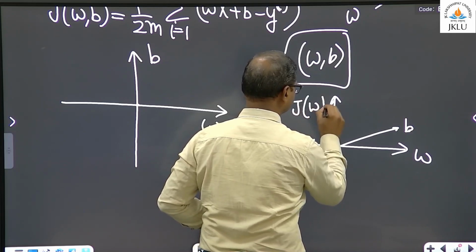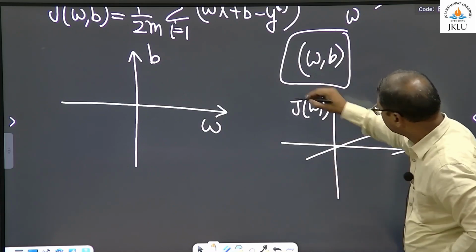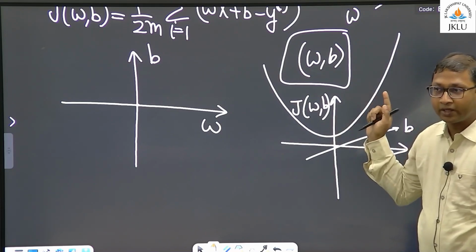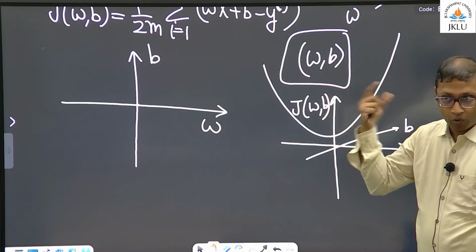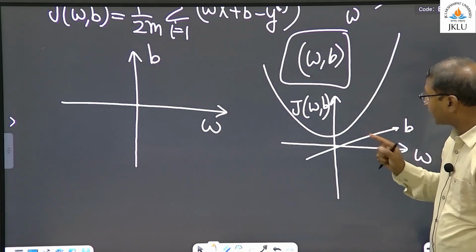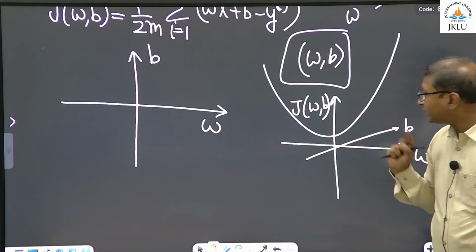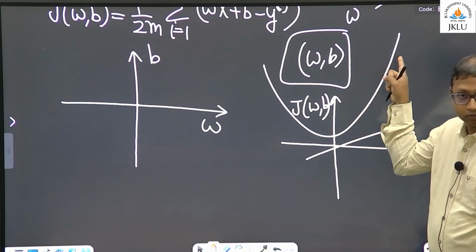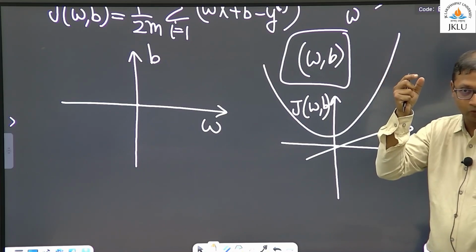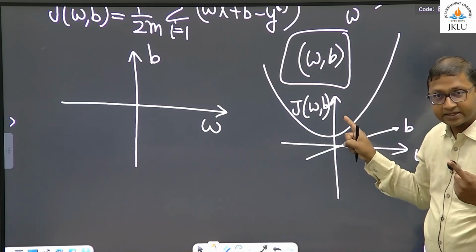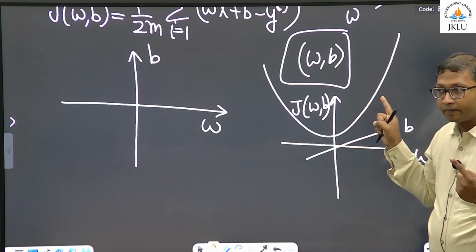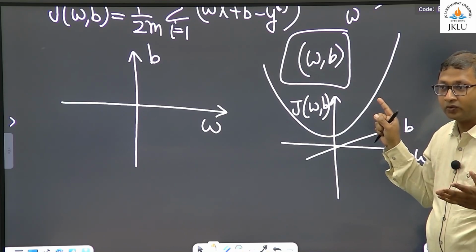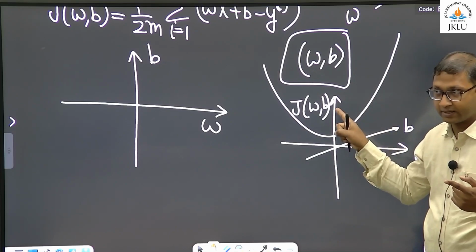This is J. It is not a parabola anymore, it is a bowl now. Now tell me, what are the values? The axis of this particular bowl, wherever you call the axis, is parallel to the J axis here.